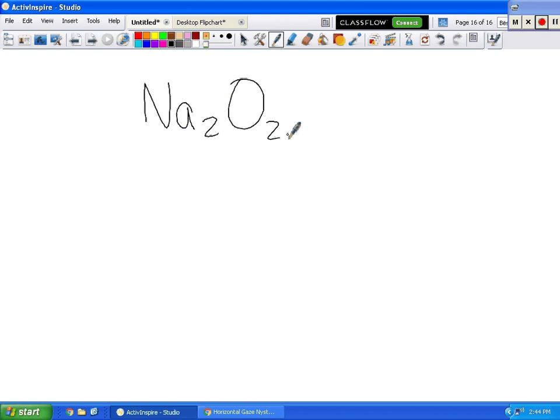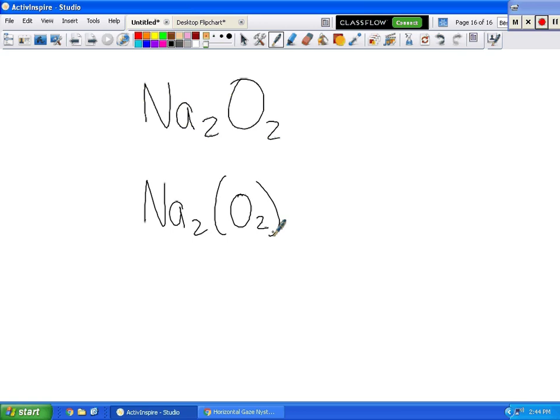That NH4 positive is an ion, and so it doesn't follow the rules. I know, and it's weird. It's one of those strange things. Let me rewrite this to make this make a little more sense, because that's technically what it is.